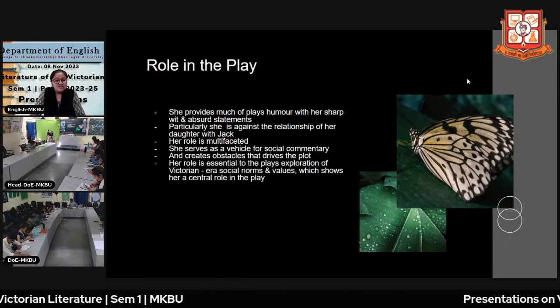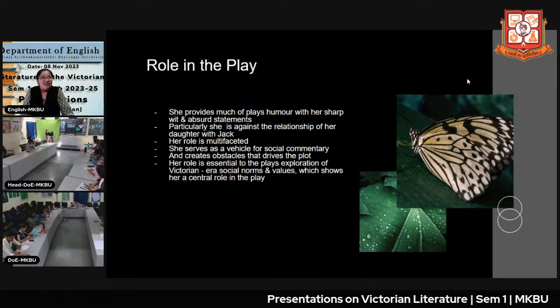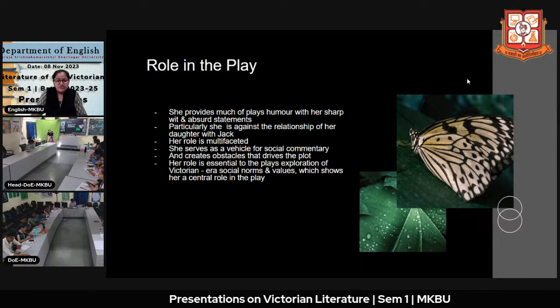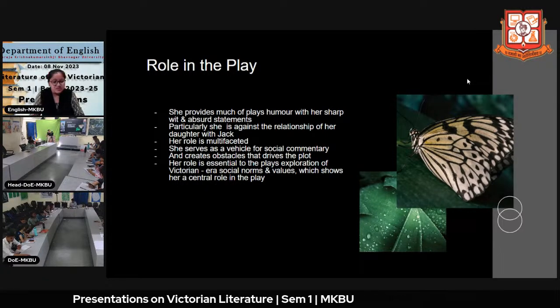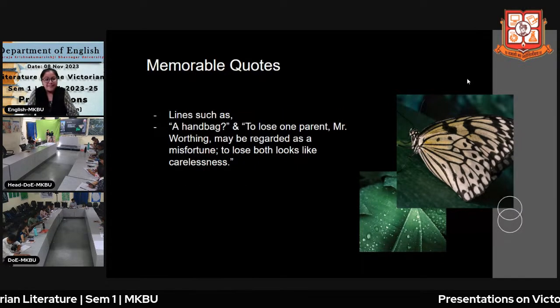Her role is essential, meaning very important, to the play's exploration of Victorian era social norms and values, which shows her central role in the play.